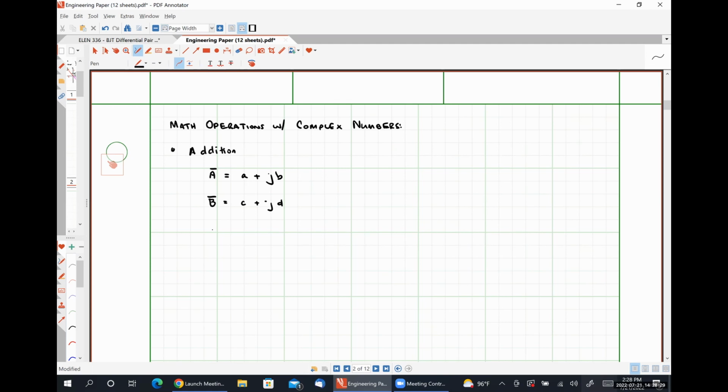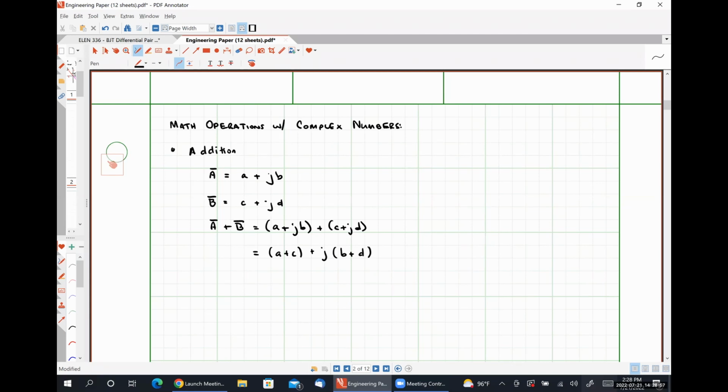If I want to perform the operation A plus B, what I will get is a plus jb plus c plus jd, or a plus c plus j times b plus d.